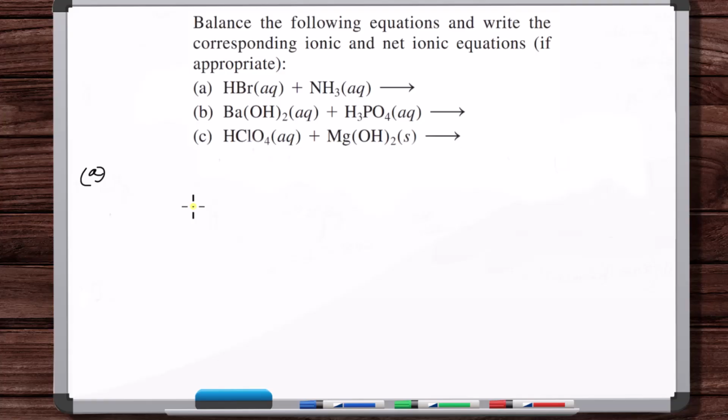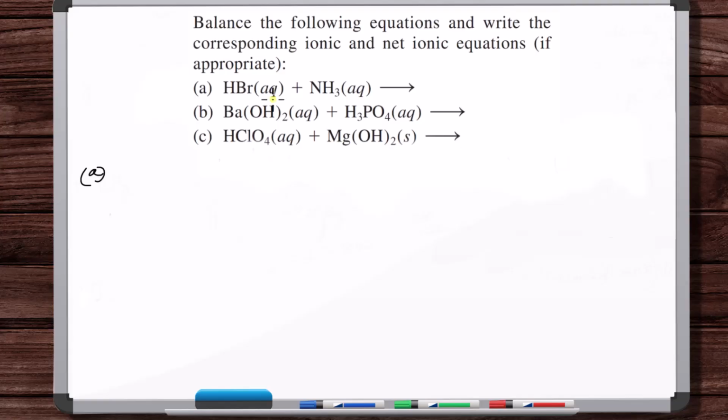Okay, but from another perspective, it's like we're starting with two separate beakers, one of hydrobromic acid and one of aqueous ammonia, a basic solution, and then from there we're mixing those two solutions together. Okay, so let's go ahead and go through both perspectives and see the result.